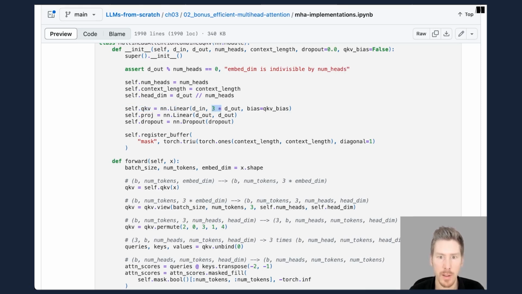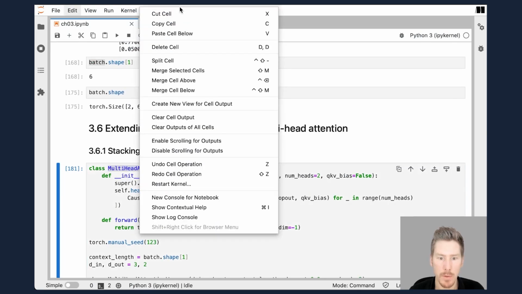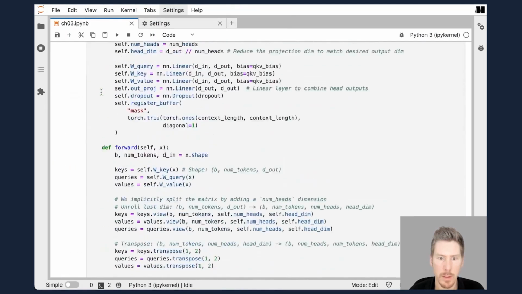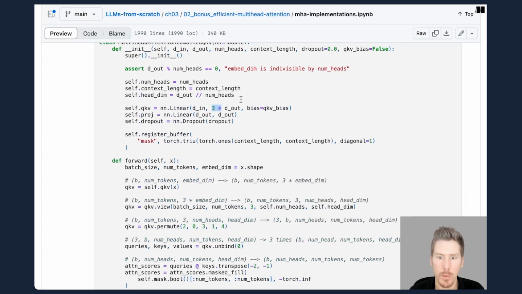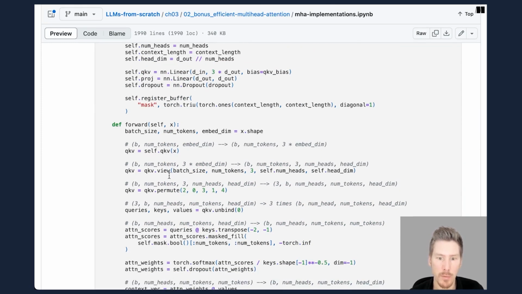So instead of having them separate, QKV, we have now one that is essentially 3 times the size. And then similar to what we've done before, we are going to break it down later after the matrix multiplication.